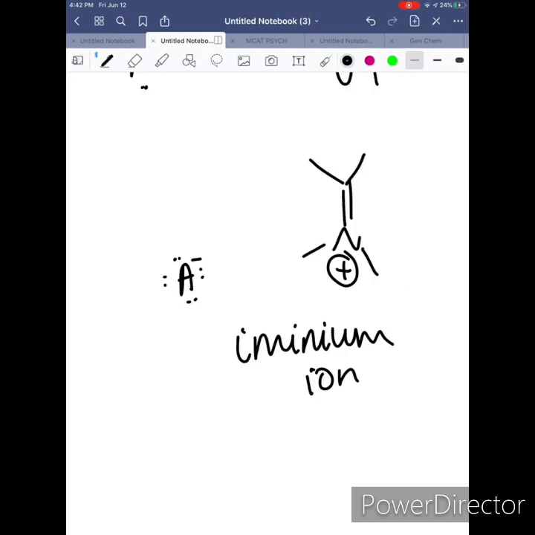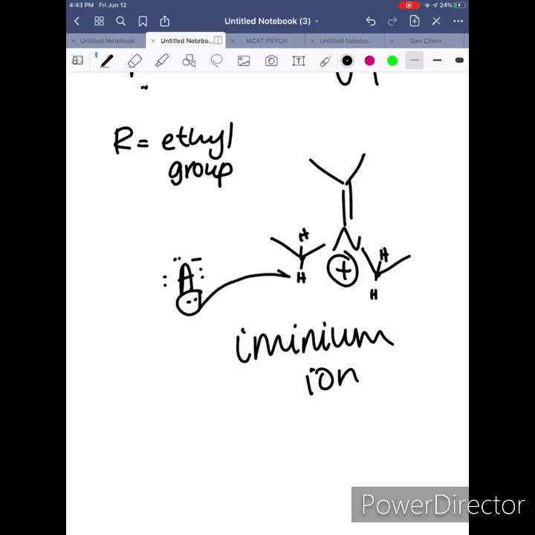Okay. I'm going to go ahead and erase one of these R groups. And let me just say that my R group is an ethyl group, right? So R is equal to ethyl group. Like I said, I don't have any acidic hydrogens attached to the nitrogen, but I do have an acidic hydrogen on these carbons. I have one here and one here.